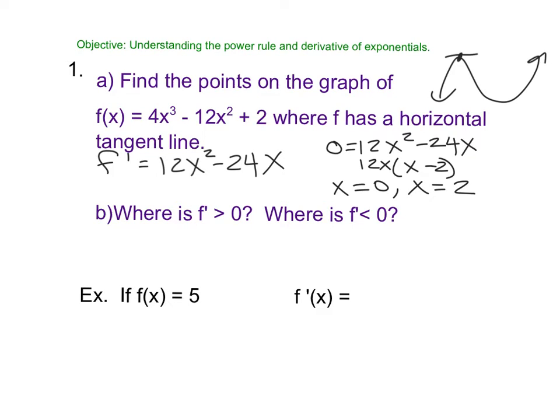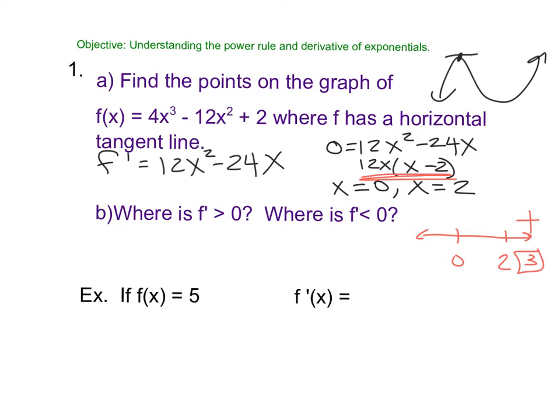Where is f prime greater than 0? Where is f prime less than 0? So what we're going to do is we're going to look at the derivative. So I have 0, 2. If I think of a number bigger than 2, 3. If I plug that in, do I get a positive or a negative? If I plug that into here, the derivative, I get a positive times a positive.